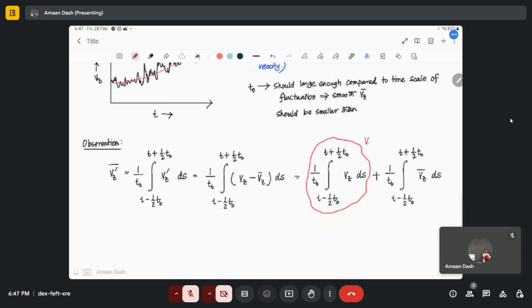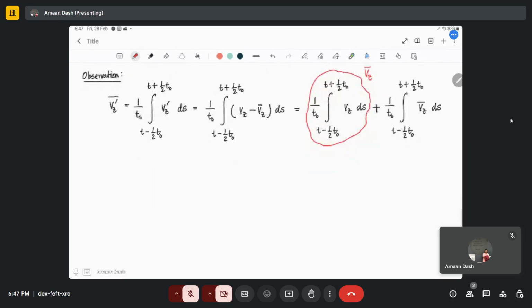So this will be equal to Vz bar plus Vz bar by T0 times the integration of this term, which is this minus this.